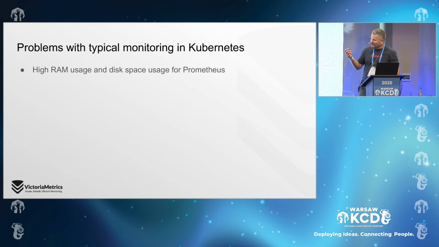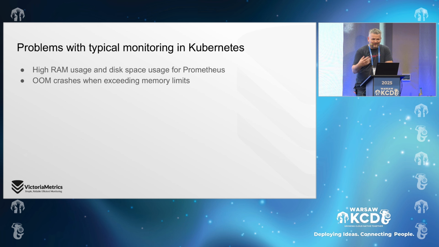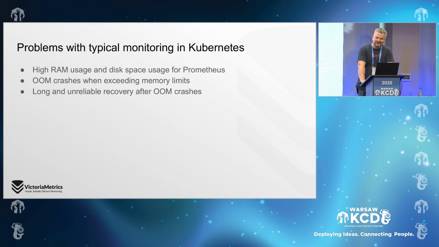The first and biggest problem is high memory usage and disk space usage for Prometheus in this Prometheus operator. Another thing, if this Prometheus hits memory limits, then Kubernetes kills it and it restarts. But the problem is that recovery of a highly loaded Prometheus is unreliable and takes a lot of time. It can take literally hours if your Prometheus was highly loaded and was collecting a lot of metrics.